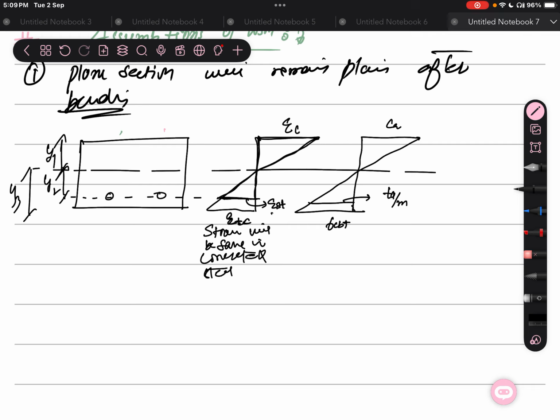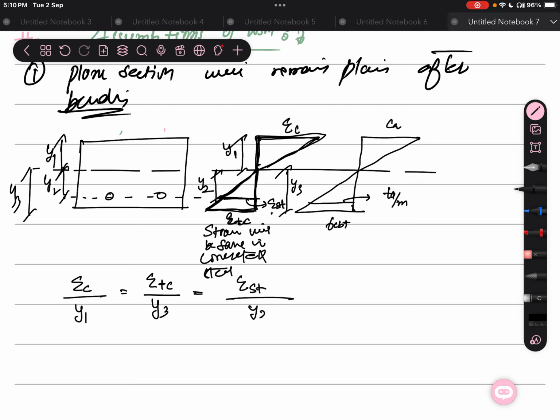If this is y1, this is y2 and this is y3, then strain of concrete divided by y1 will be equal to strain of concrete on the tension side divided by y3, and equal to strain in steel divided by y2.